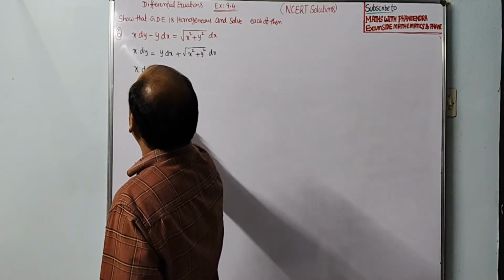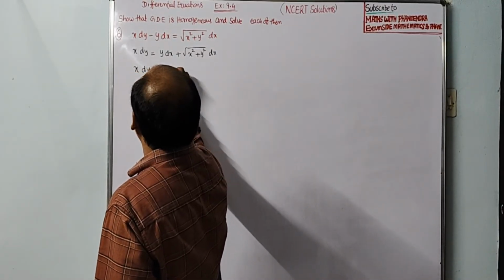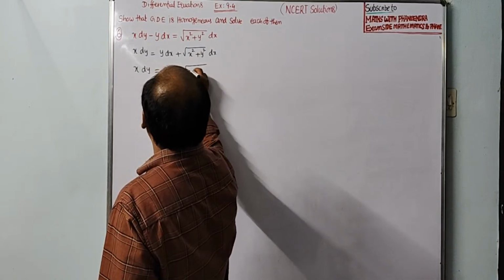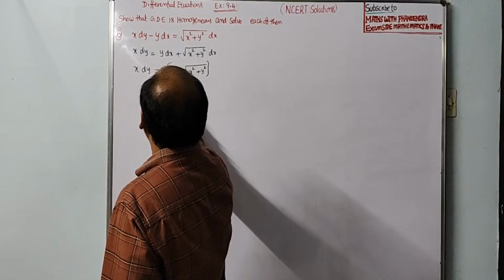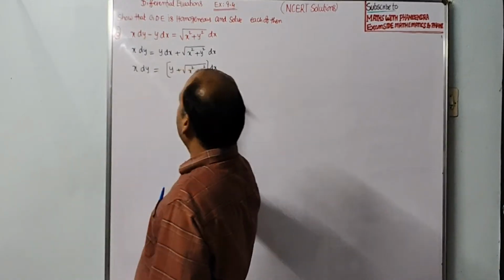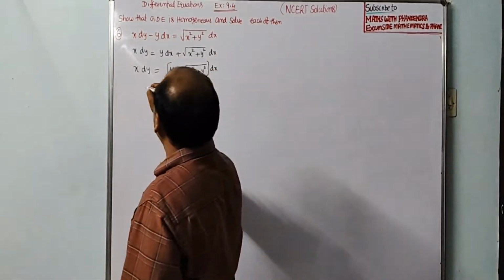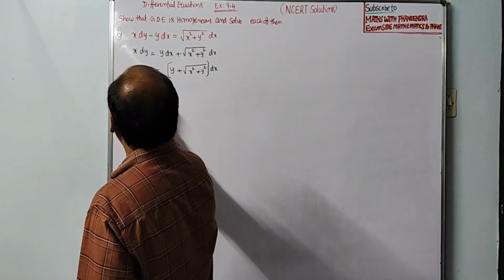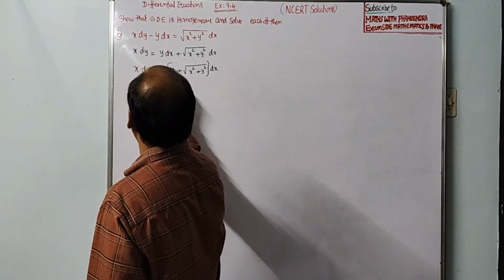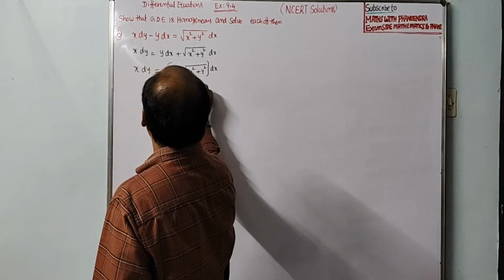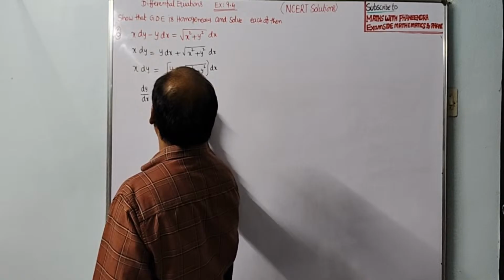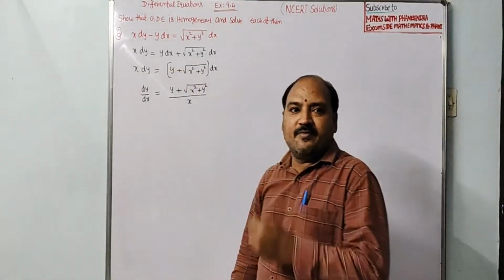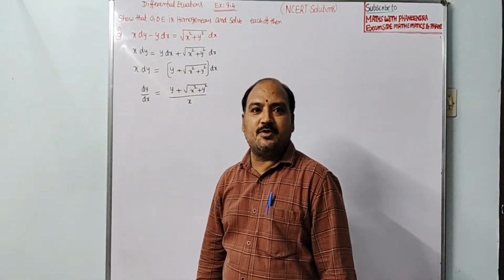Bring dx to this side and x to that side. So dy by dx is equal to y plus root of x square plus y square, divided by x. I hope you understand, students.